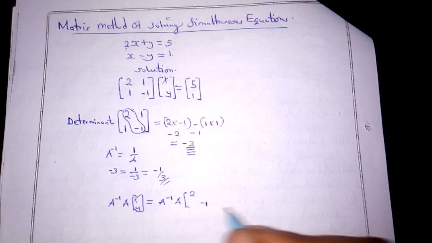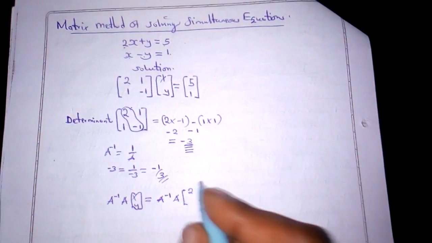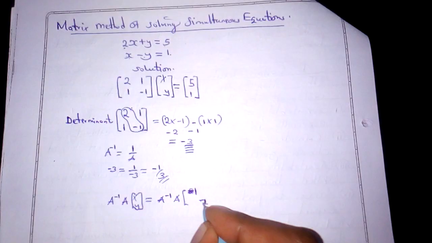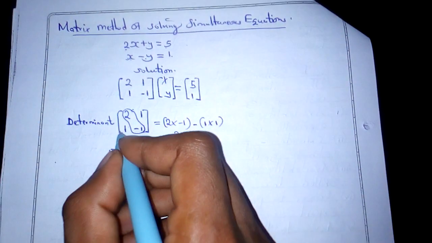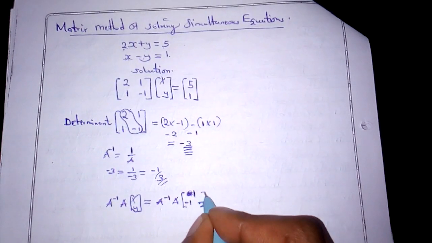Sorry, we are going to interchange the leading diagonal for the inverse of a, that is negative 1, 2. Then change the signs of the others. The signs here should be negative 1, negative 1.